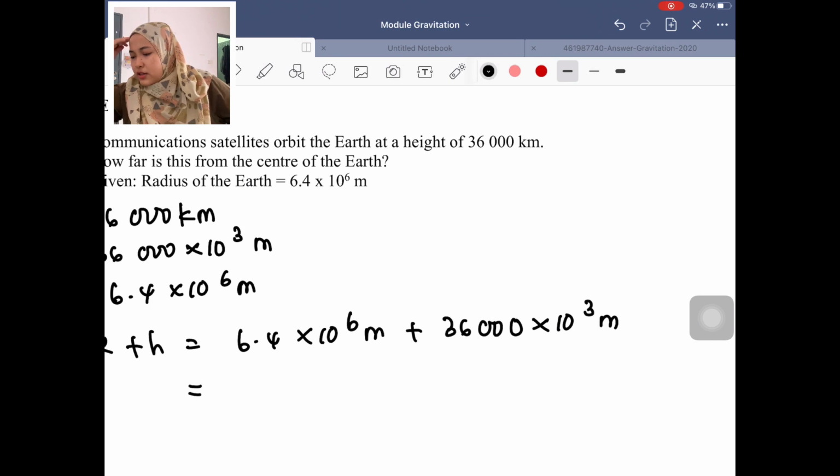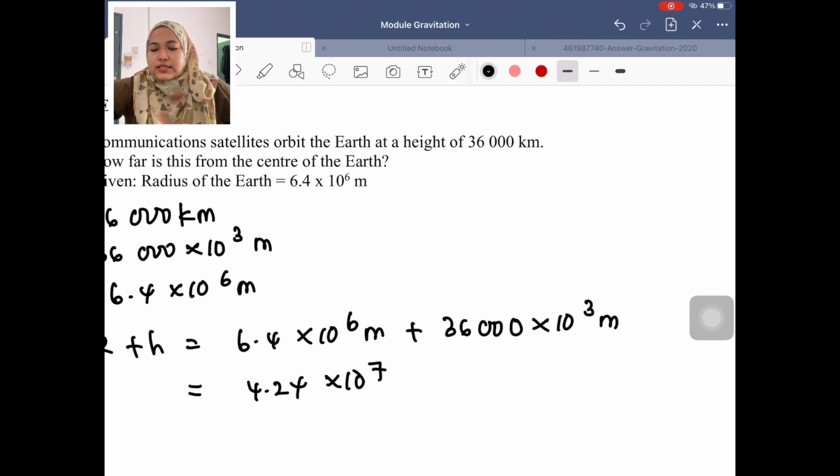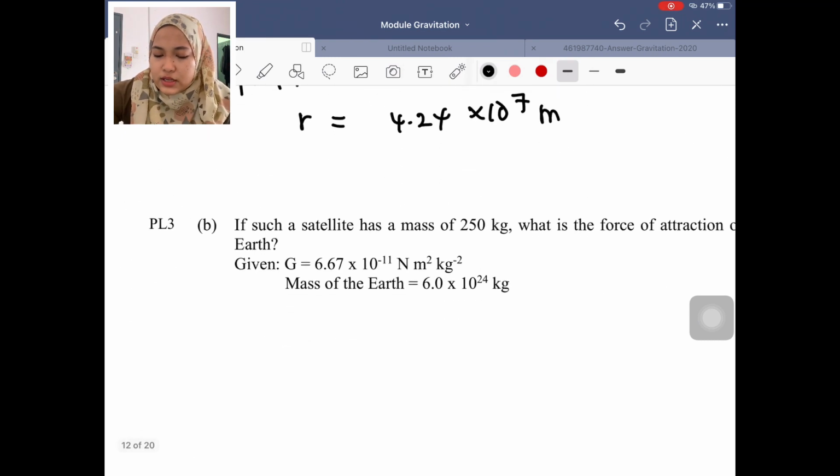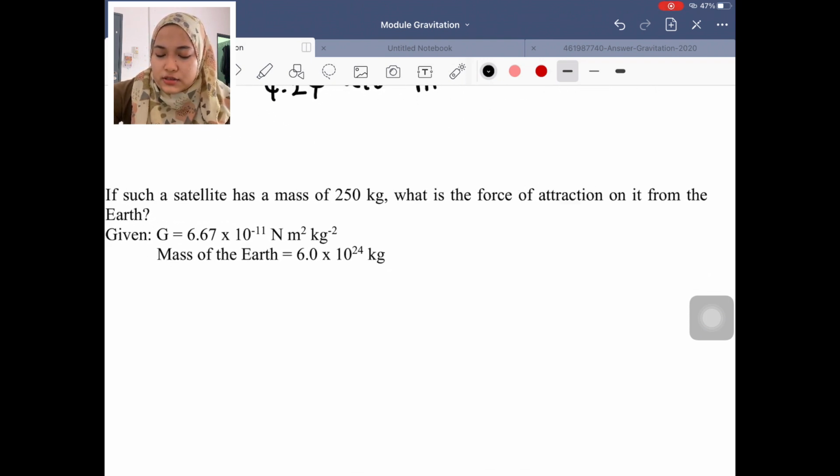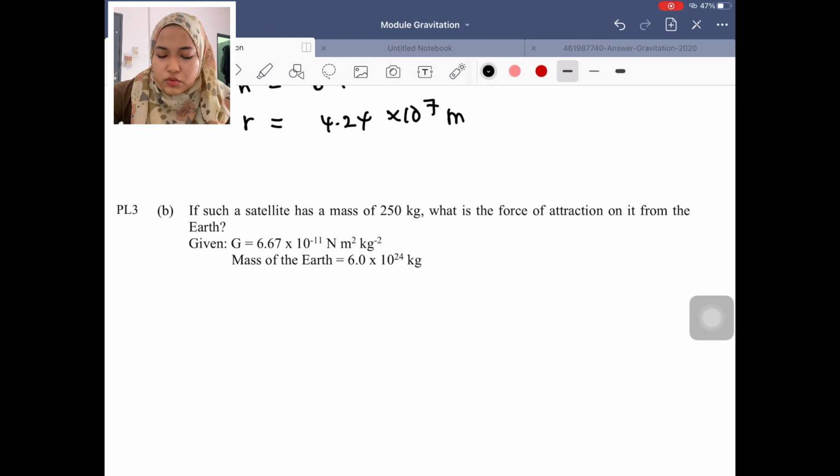So tekan calculator, so you will get 4.24 times 10 to the power of 7 meter. Okay, so this is the value of R, the distance between the satellite and the center of the Earth.